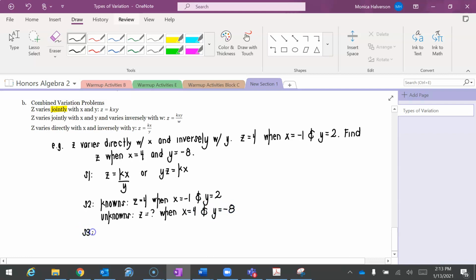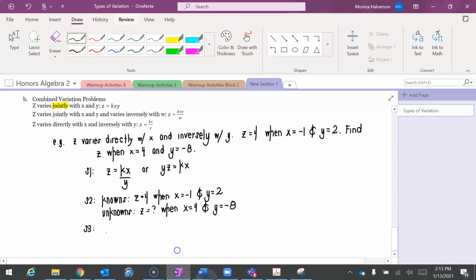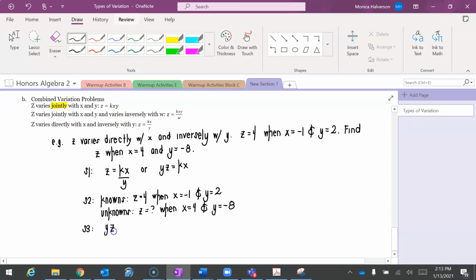So now our goal is to find k using our generic function rule and our known. So we know z equals 4, y equals 2, and x equals negative 1. If we were to solve for k here, we'd get negative 8.